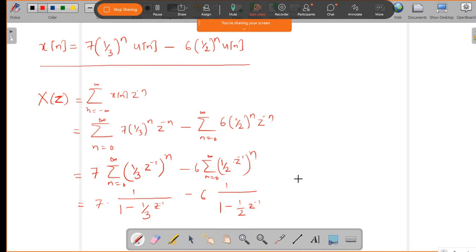So now what is the region of convergence? The region of convergence is whenever 1 by 3 z inverse is less than the value 1, and also for the other one, 1 by 2 z inverse is less than 1.